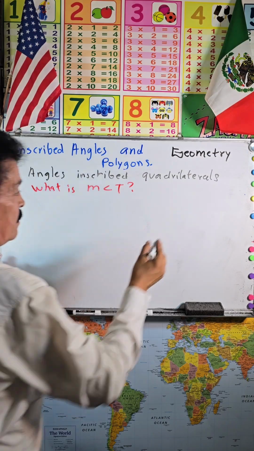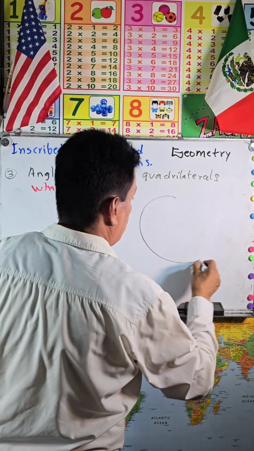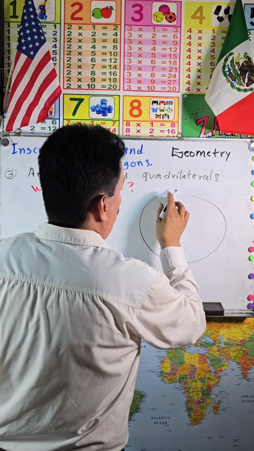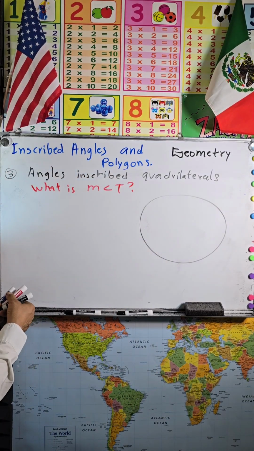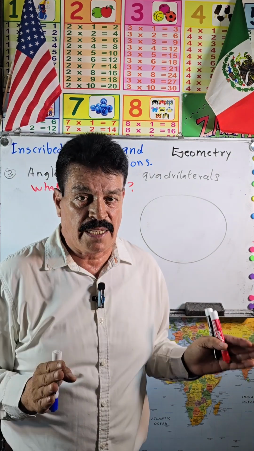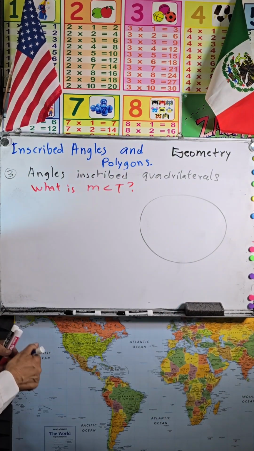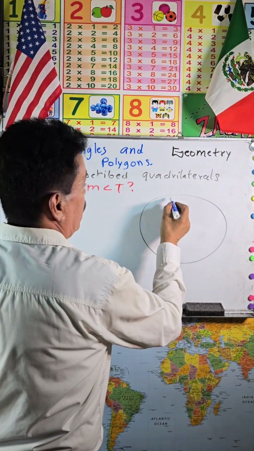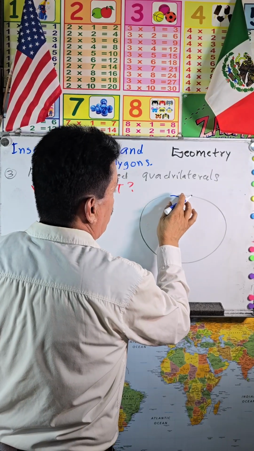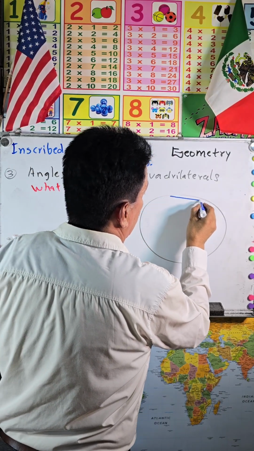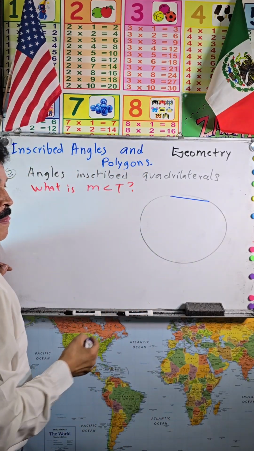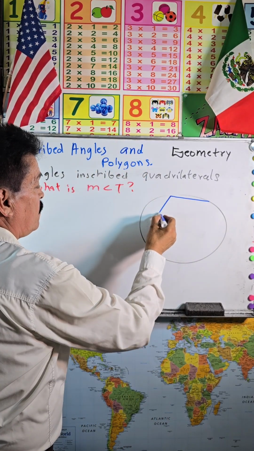Again, let me make a circle right here. Now we are talking about a quadrilateral. It's a figure with 4 sides. Triangles have 3 sides, quadrilaterals 4 sides. Let's write this figure like that, making up 4 sides.